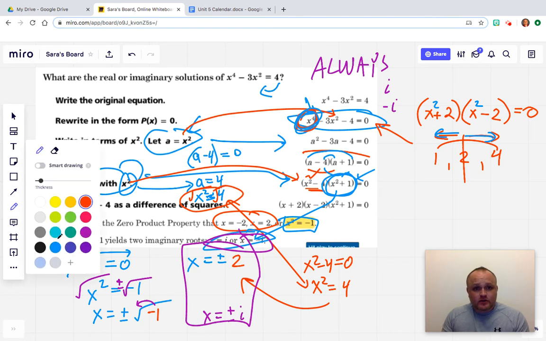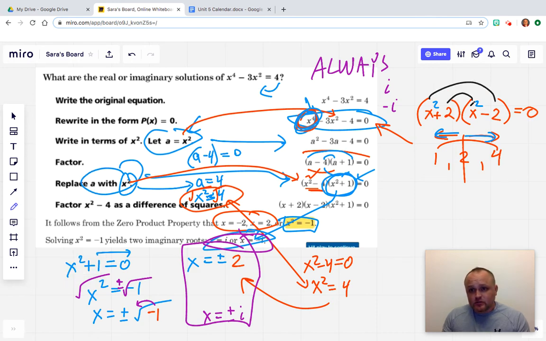When I taught you this, I said these two, like 2 times x squared and negative 2 times this x squared, they have to add to get this b term right here. When I mean b term, I'm talking about ax squared plus bx plus c. This middle term, these have to add to get this negative 3, which in this case was negative 3x squared. That obviously does not happen here.